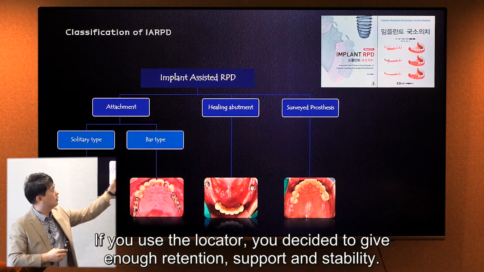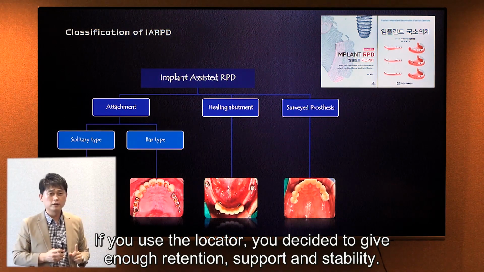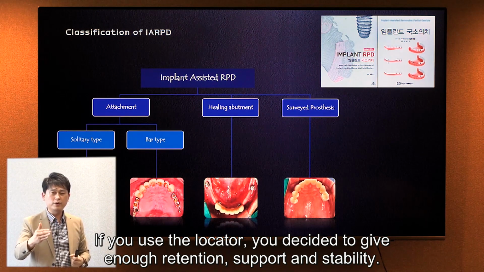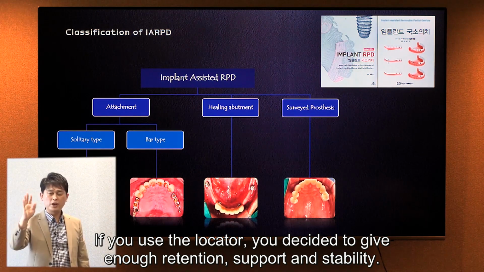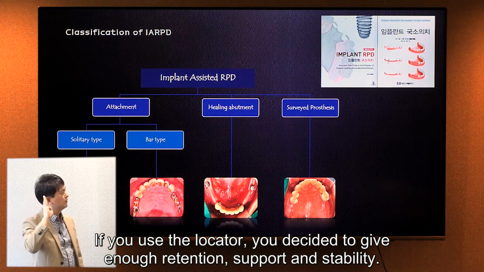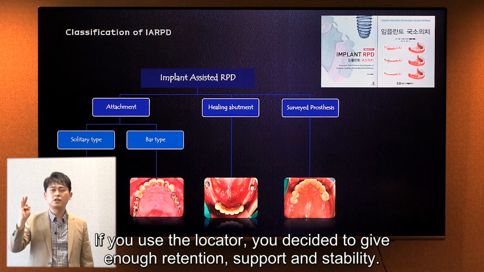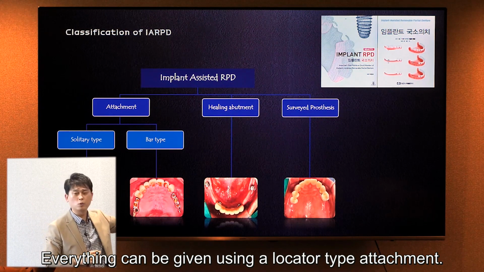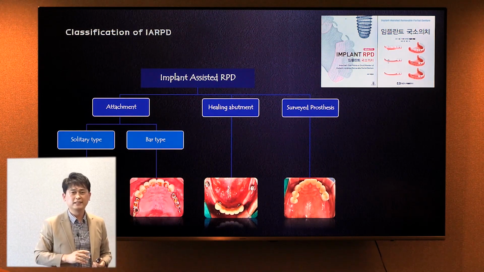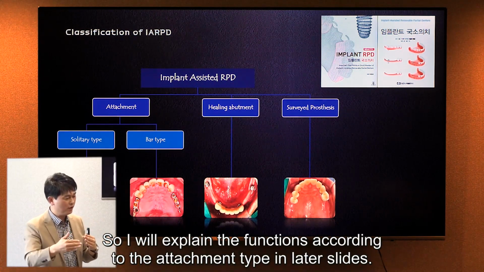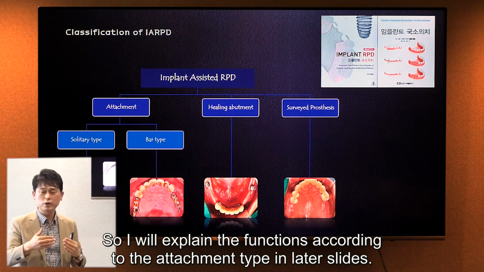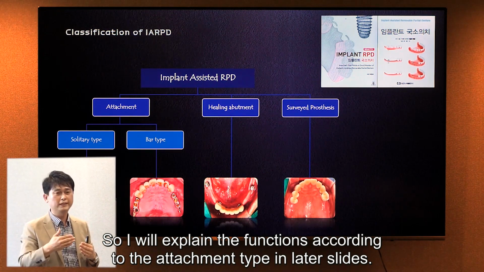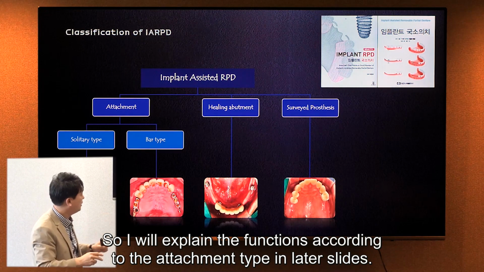If you use the locator, you can give enough retention, support, and stability. Everything can be given using the locator type attachment. I will explain the functions according to the attachments in a later slide.